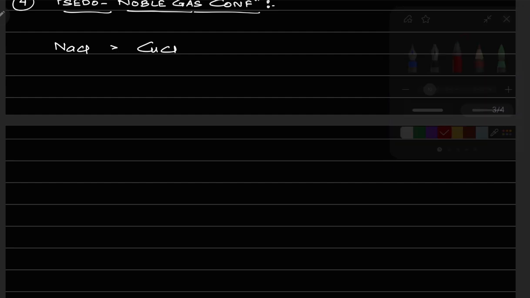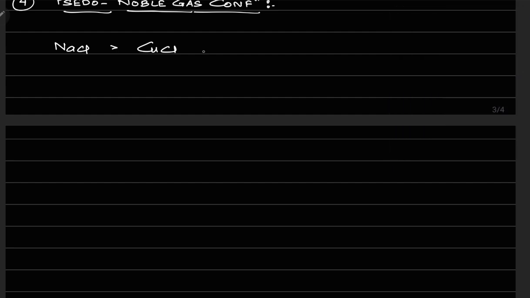What we said was something that we expected, in terms of covalent character. So we expected that because the anion is same, we'll move towards the cation.